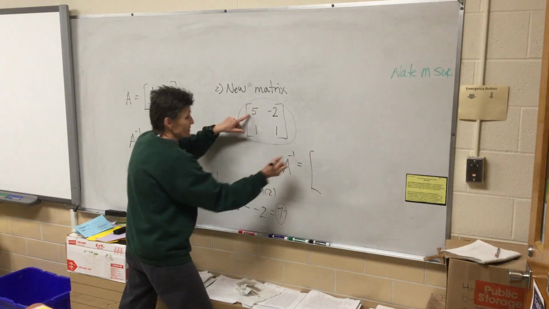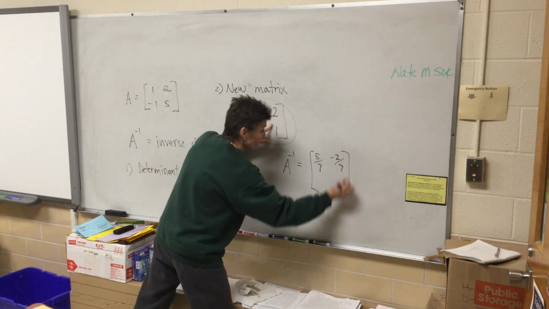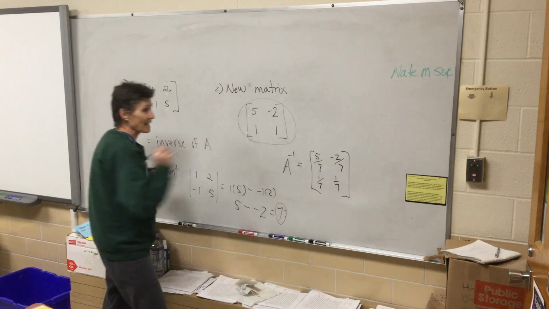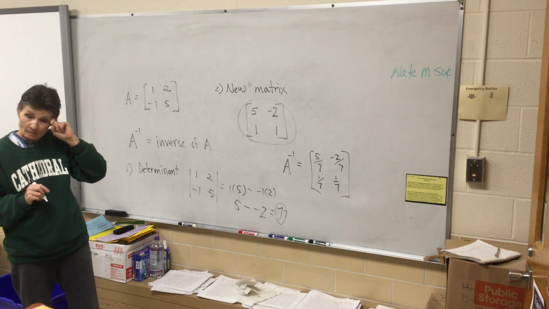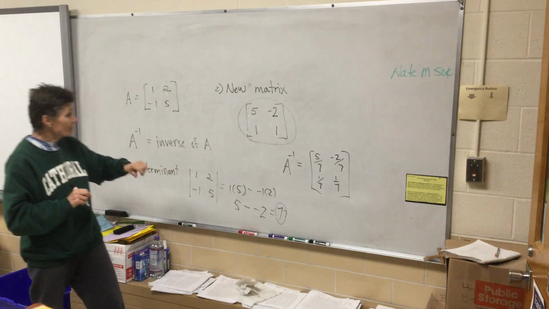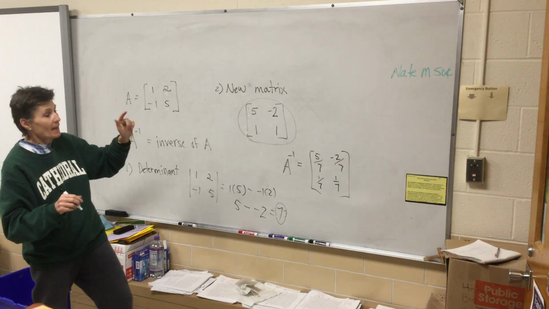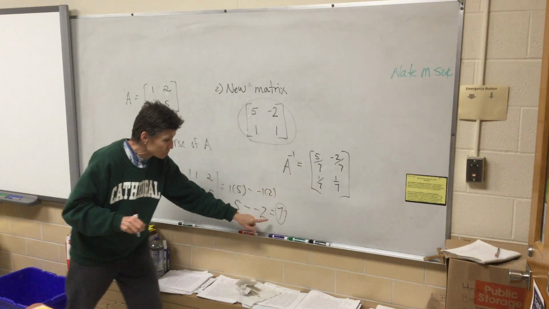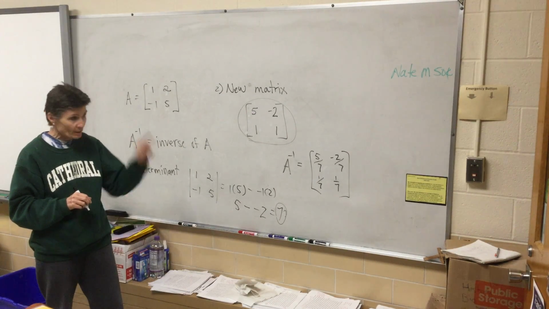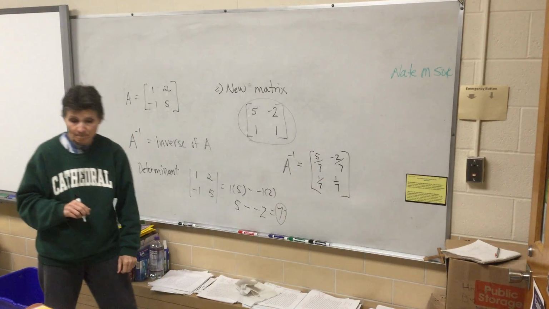So in other words, 5 over 7, negative 2 over 7, 1 over 7, and 1 over 7. That's your answer. So you simply take this new matrix that you built by switching and doing the opposite, and you divide each one of those numbers by your determinant value, which in this case is 7. That's the answer to the question right here.